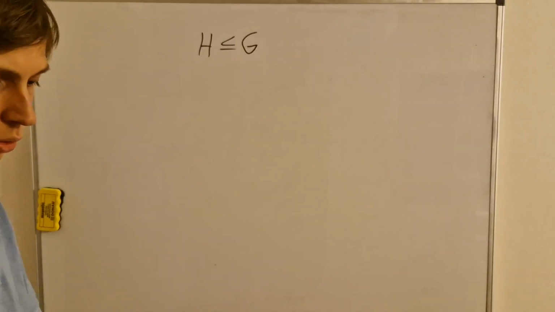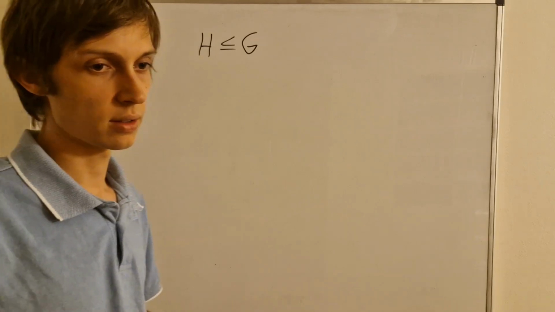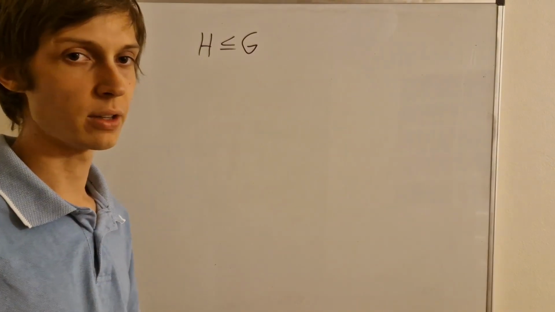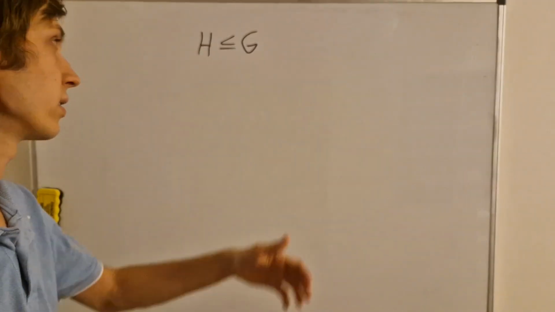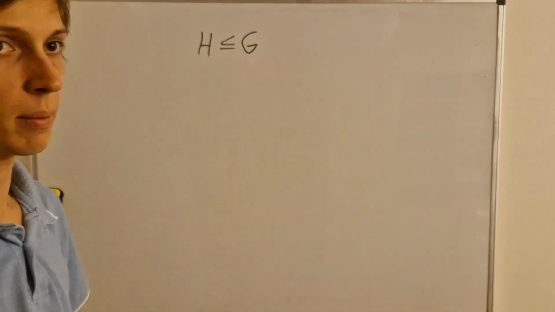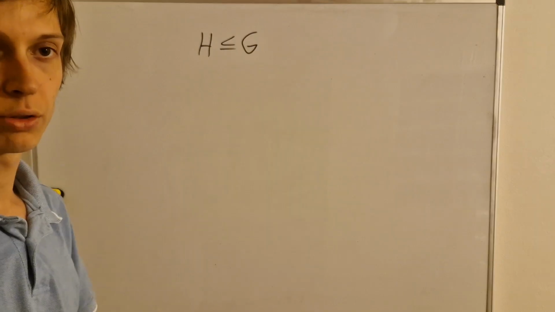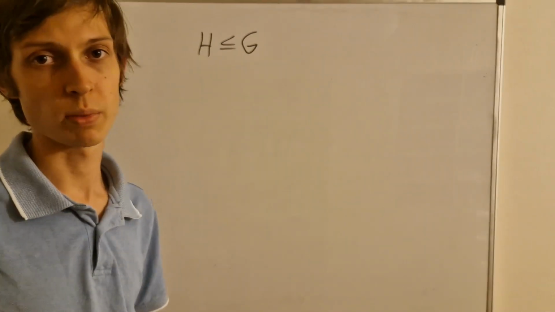I could do a quick reminder of what it means to be a subgroup of a group. To be a group, the underlying set of elements of G must satisfy the group axioms.